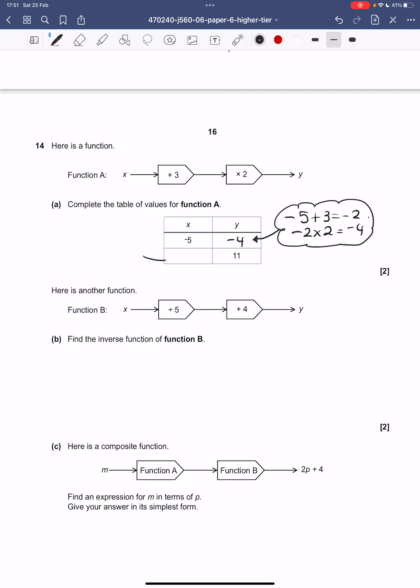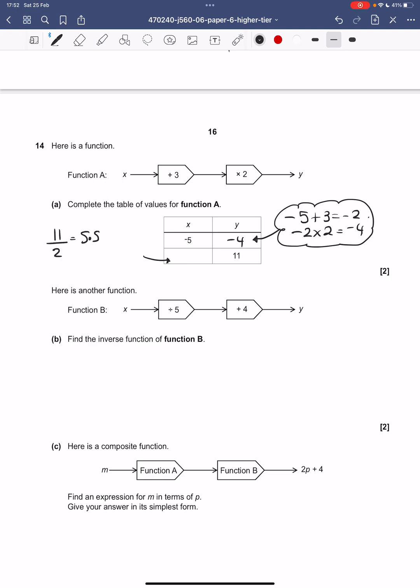So now we need to work out how to get 11. You think of a number. We don't think of a number. We know what y is. We know the y is 11. So something has been times by 2 to make 11. So it's going to be 5.5. So we've got to do 11 divided by 2 first of all is 5.5.